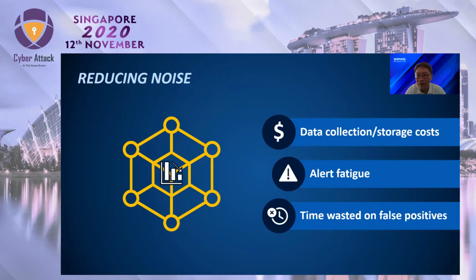When you have a large number of files detected as suspicious, and when you look at them, they are all false positives, it will also give people alert fatigue. That means they will soon have that mentality: everything is just a false positive, so don't bother looking at it. Again, this will be a big challenge. How are we going to reduce noise within your environment?